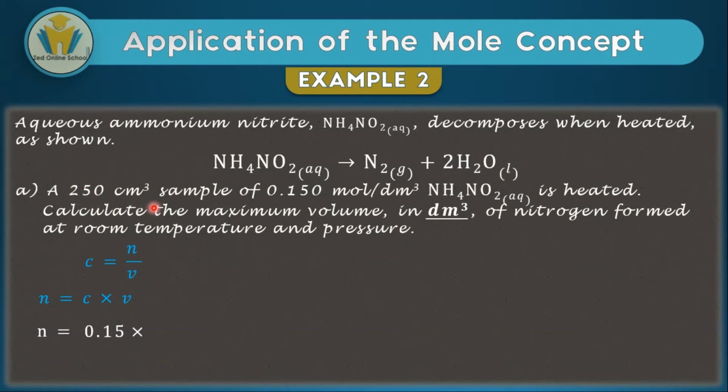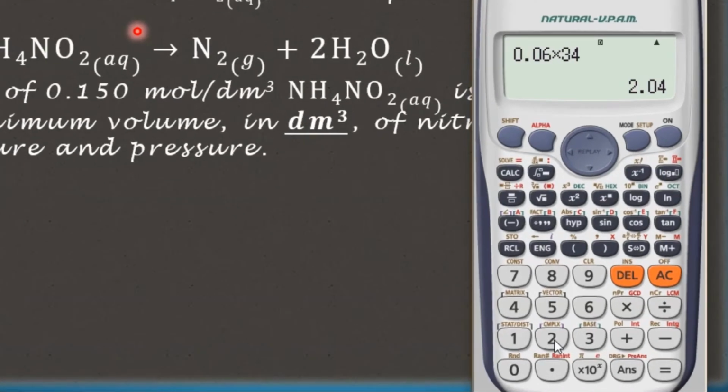Now, remember that it was indicated that volume when we are finding concentration should always be in cubic decimeters or should always be in liters. After converting this 250 cubic centimeters into cubic decimeters, we're going to have 0.25. What you do is just get this 250 and divide it by 1000. As you can see, we have 0.25.